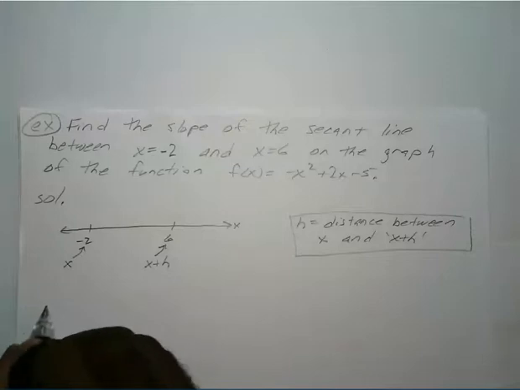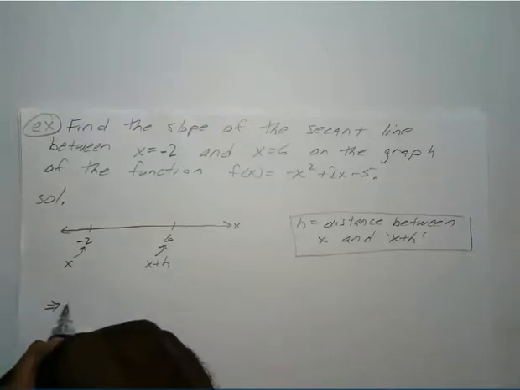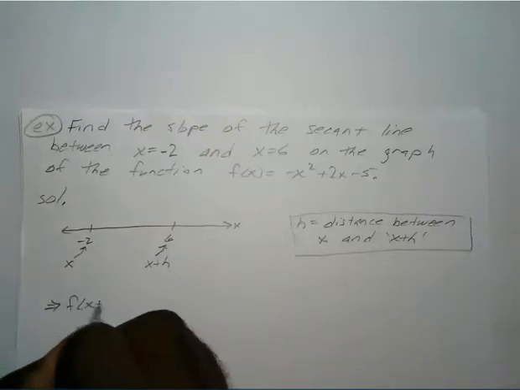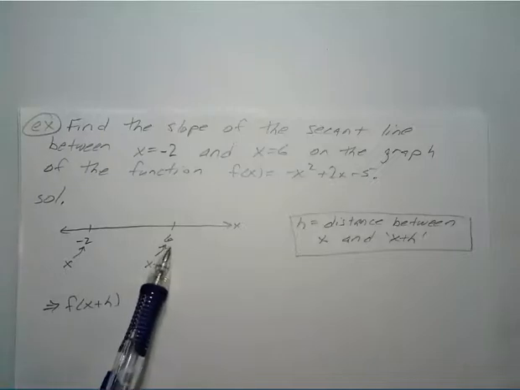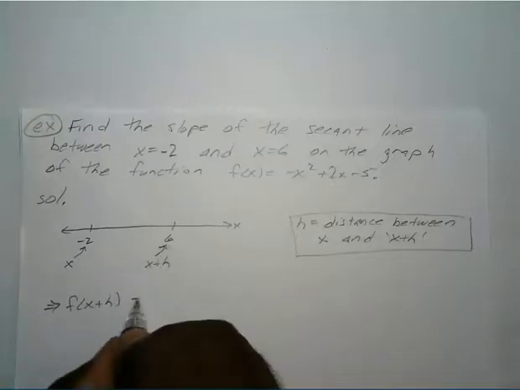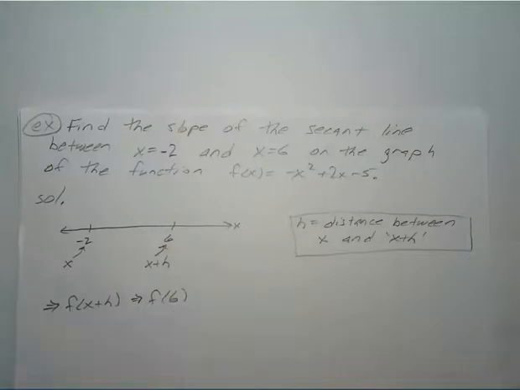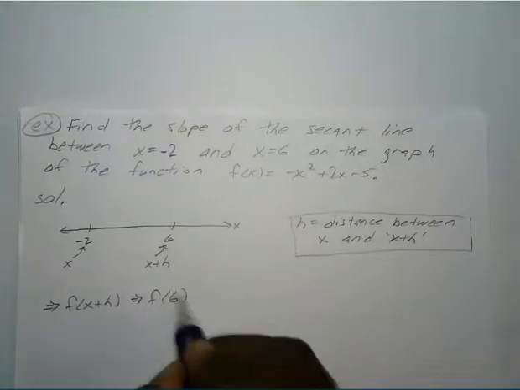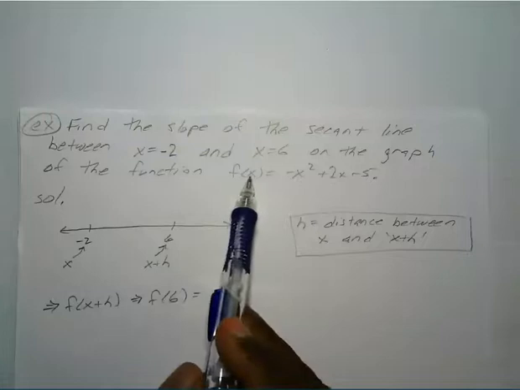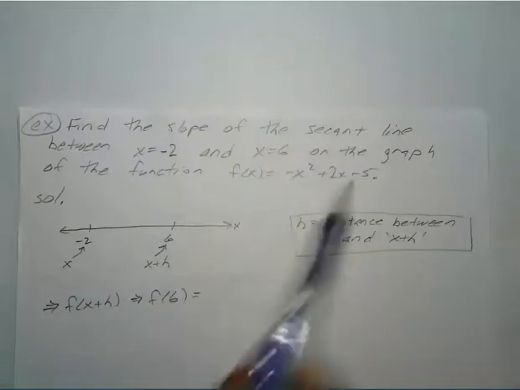Okay, so f of x plus h, since that's your x plus h, that means that's just your f of 6. And what's your f of 6? Just replace every x with 6.